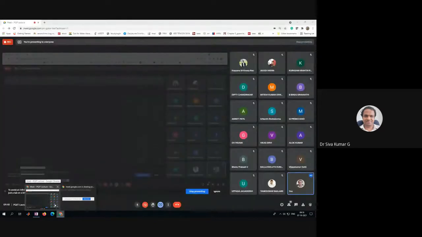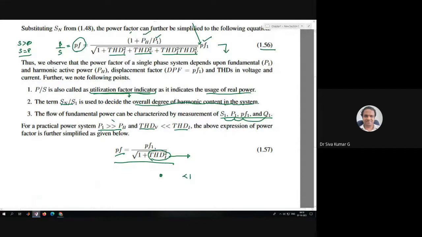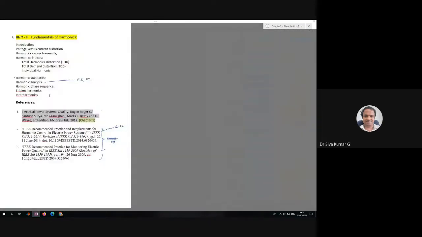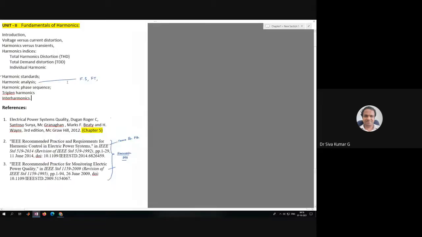Next, we will try to move to the next unit. I hope that I have covered all the things related to this particular unit. Harmonic standards, harmonic analysis. Harmonic analysis, I ask you to work out yourself.